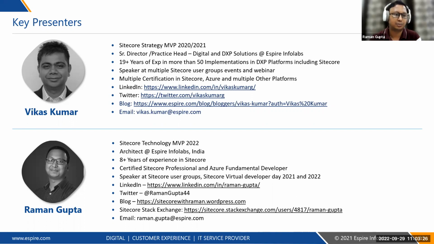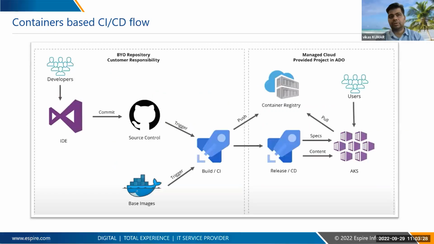Great. Thanks, Raman. So what's the idea? In the last discussion, we started with Sitecore Managed Cloud in general, the options available, and the benefits of using it. Later we covered how you convert your existing solution to make it cloud ready, what changes are required in your solution.